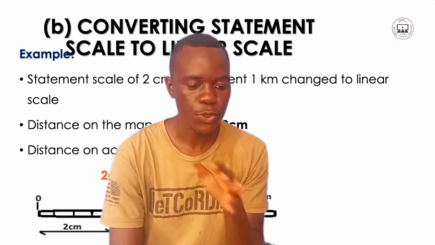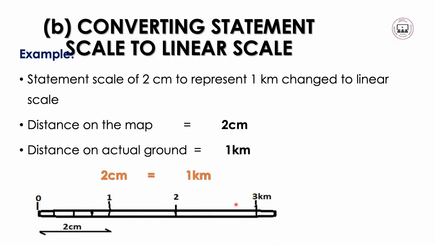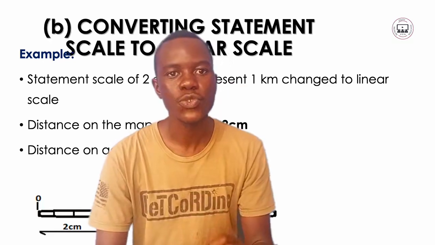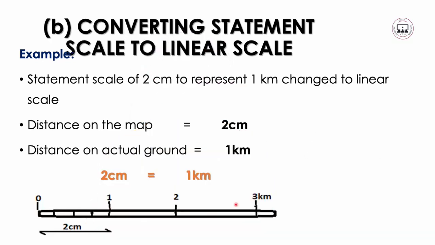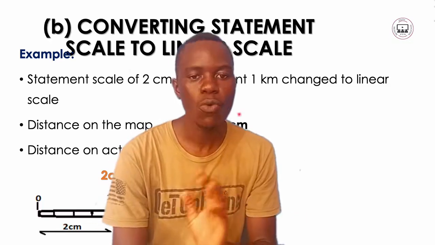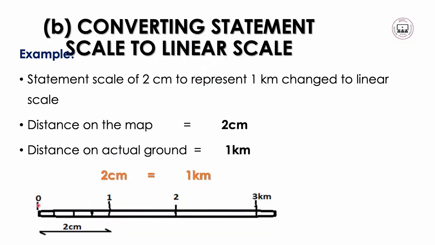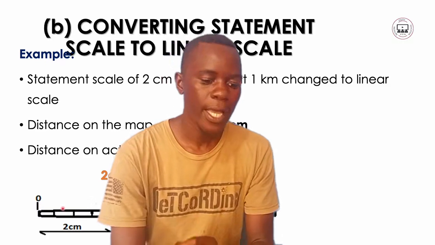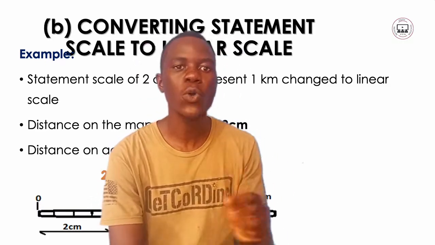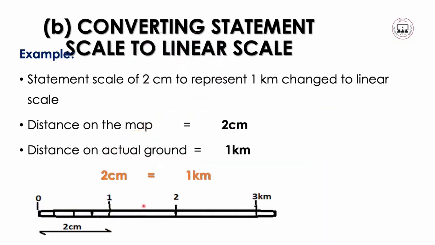So we need to put this into a linear scale. You come out to say that 2 centimeters is equal to 1 kilometer. And here is your linear scale divided into units. On top here you have numbers, and the units are kilometers. Down here you have your centimeters. So what is meant here is that from 0 to 2, which is 2 centimeters on the map, on the actual ground it means 1 kilometer.